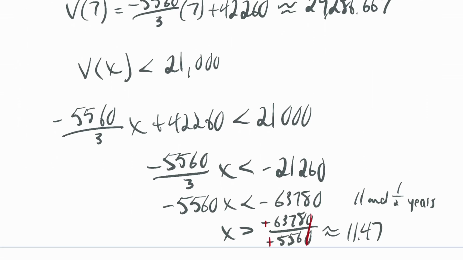So that means roughly 11 and a half years. After 11 and a half years, it's still going to be worth 21,000. That's pretty good. This is sort of coincidental. I didn't really plan this out, but this is roughly half the original value. I could have just asked when it's at half value and used 21,130, but I didn't think of that when I wrote the problem. So after 11 and a half years, it still has about half its value.